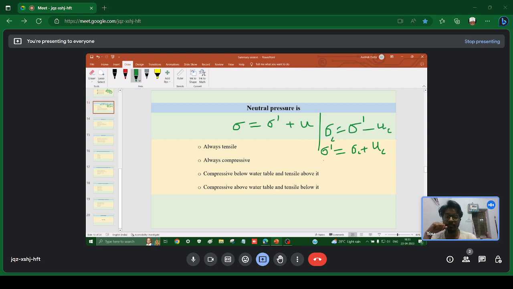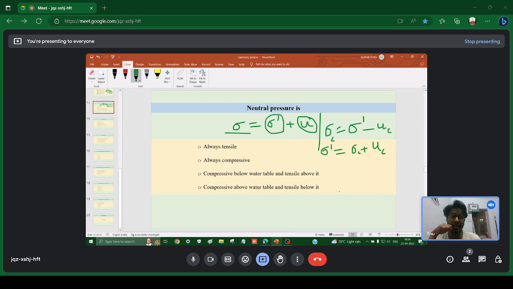Now this is important. Why? Because in this question I'm asking about the nature of neutral pressure. In normal cases, I am adding the pore pressure to the effective stress.